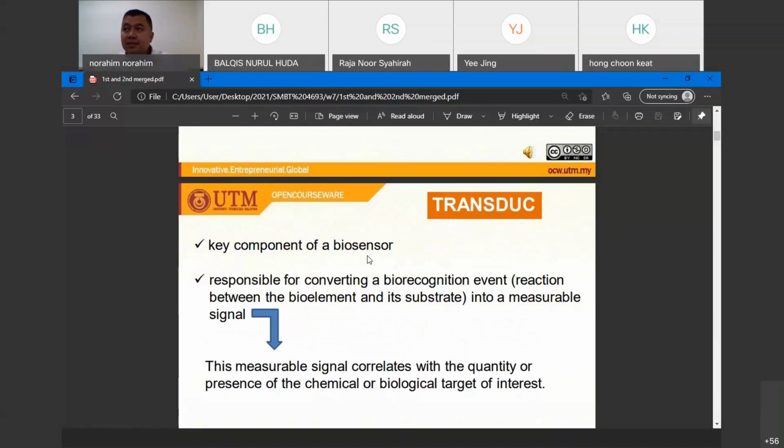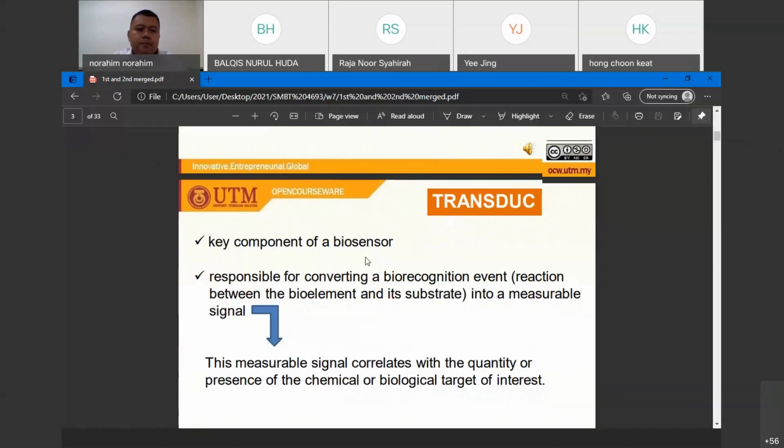If you know that something has happened, but we cannot tell what the signal is, kita takkan tahu macam mana kita nak detect. So we need something that is measurable in terms of the signals. These measurable signals will correlate with the quantity or the presence of the chemical or the biological target of interest.